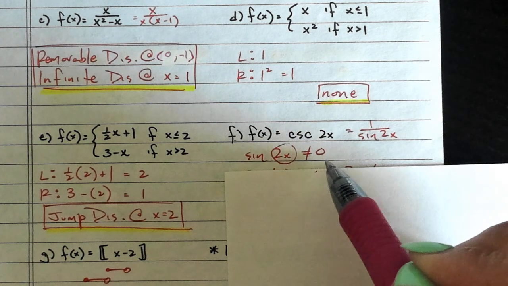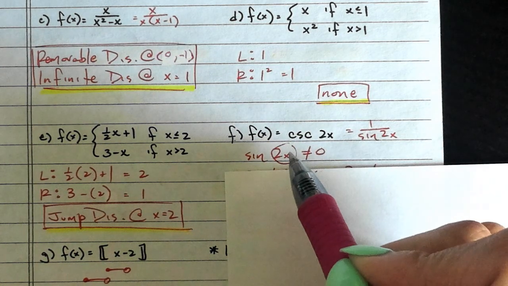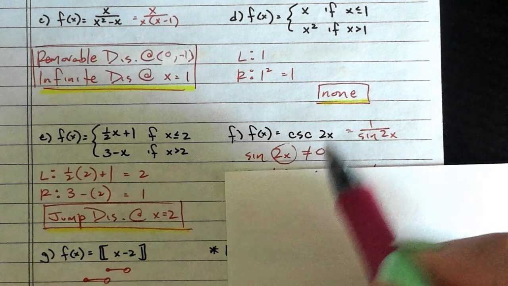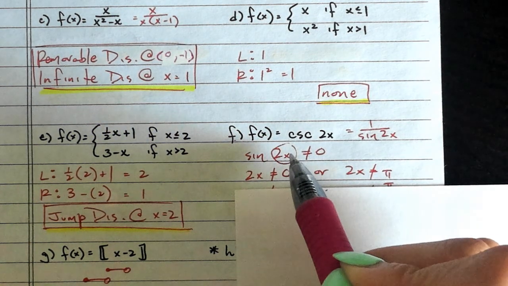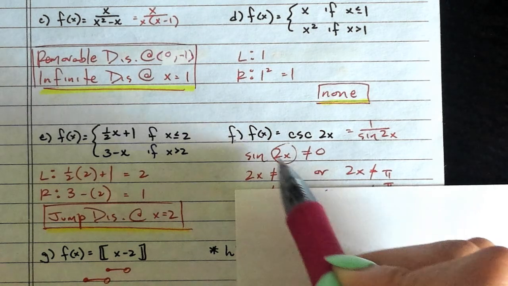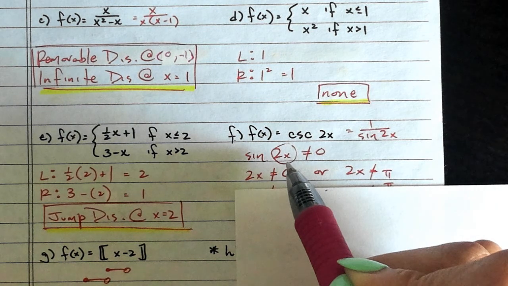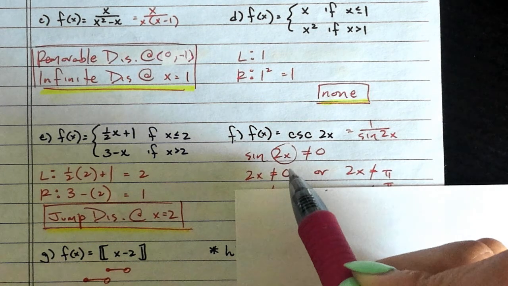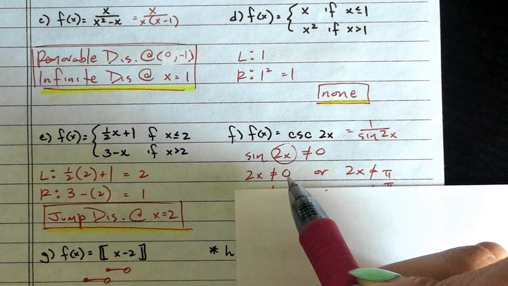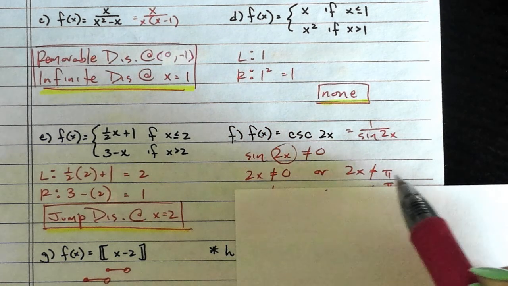So when does this equal 0? When sine is 0. Sine of 0 degrees is 0. Sine of 0 radians is 0. So when we have this, we're no good. We don't want that.